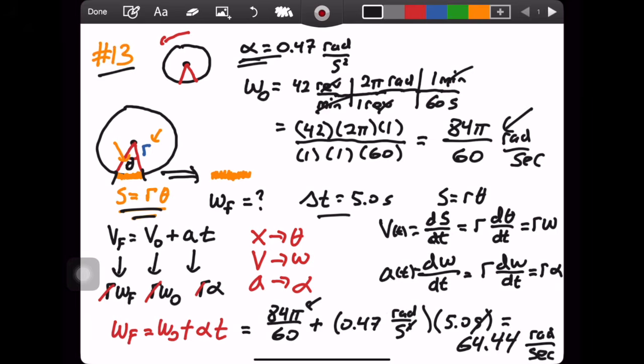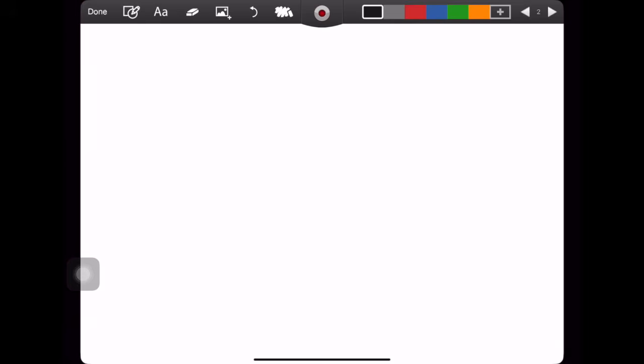To solve part B, we're asked how many revolutions, I'll just abbreviate that rev, in delta t equals 5.0 seconds.